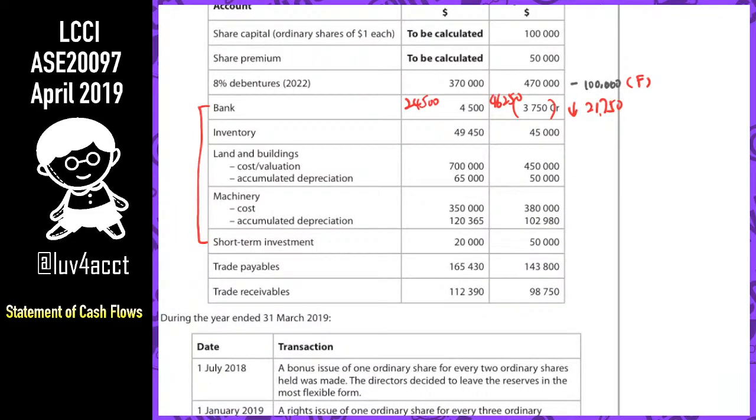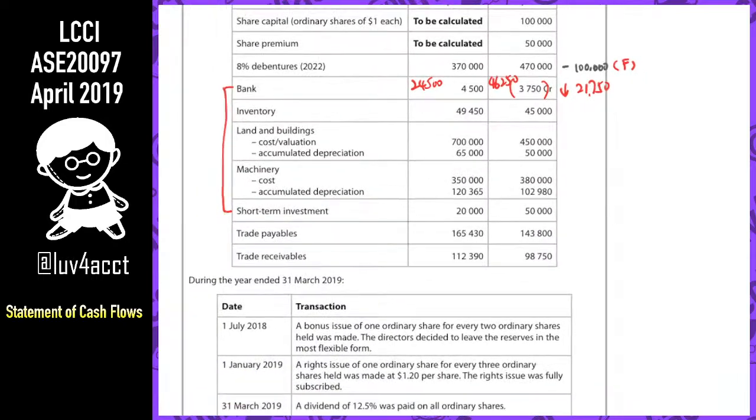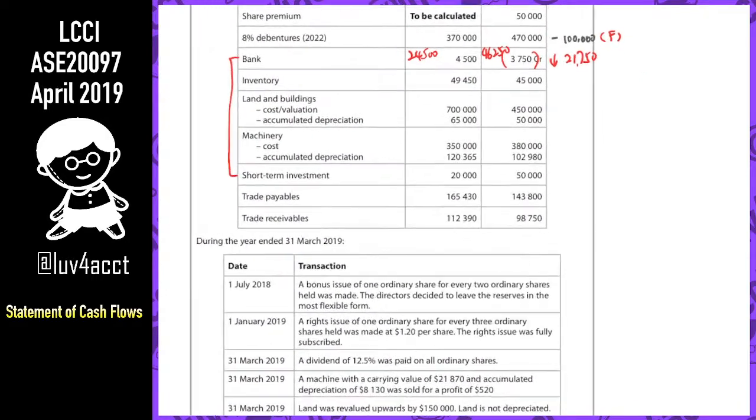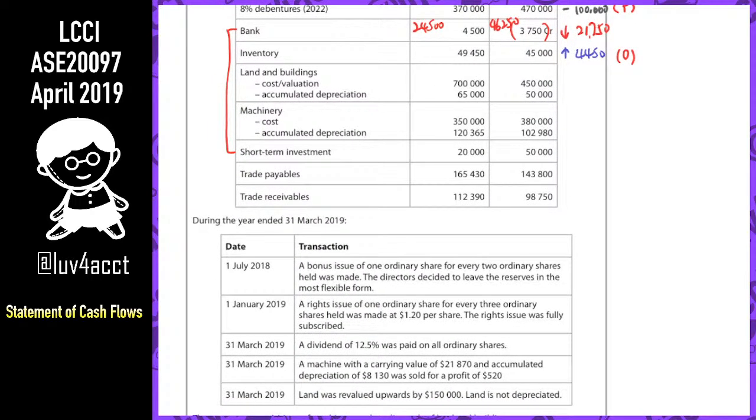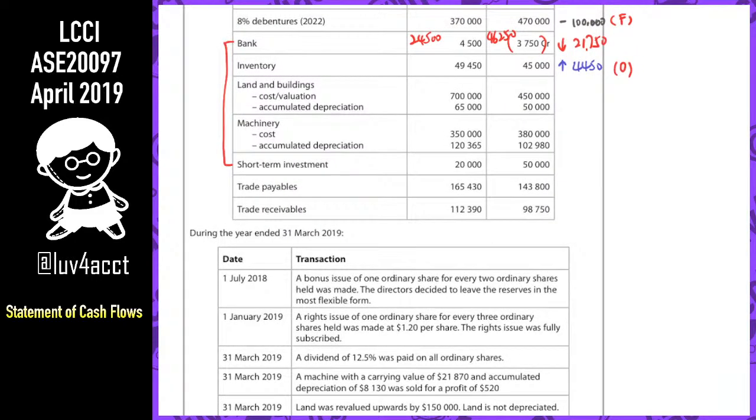Inventory goes up by 4450. So operating activities negative. Let us skip land and buildings and machinery first. Trade payables, trade receivables.